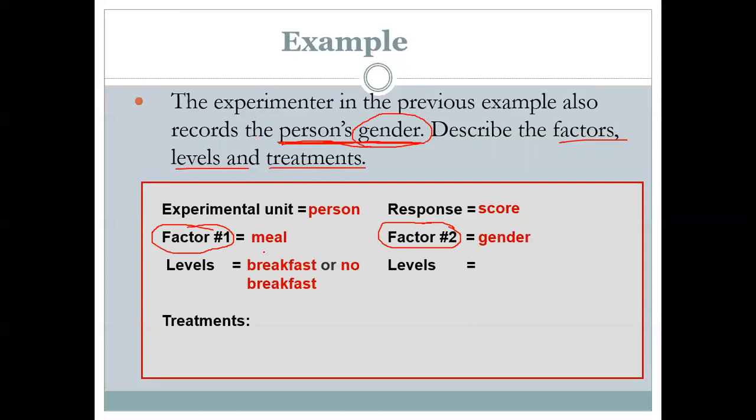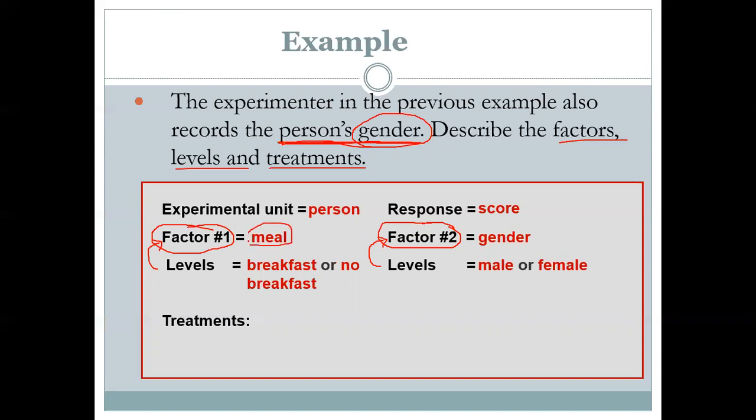The level for factor 1 is breakfast or no breakfast, but what is the level for factor 2, that is gender? Because for gender, we only have two groups, isn't it? That is man and woman, or male and female. So the level for factor 2, gender, is male or female. So the level is the intensity based on the factor or the independent variable.